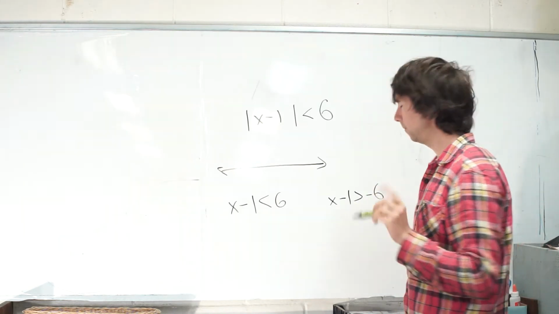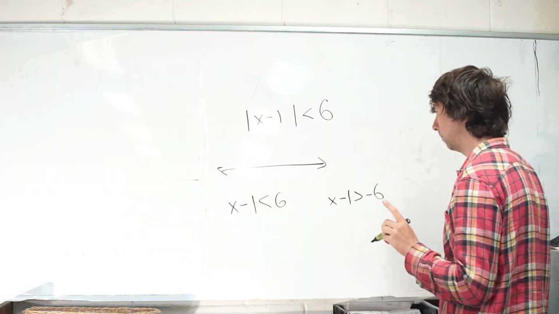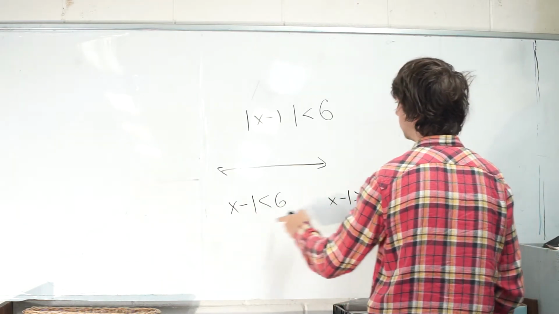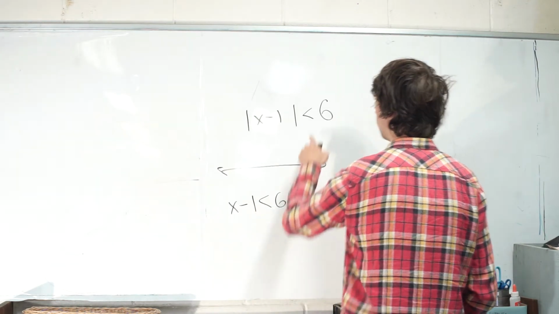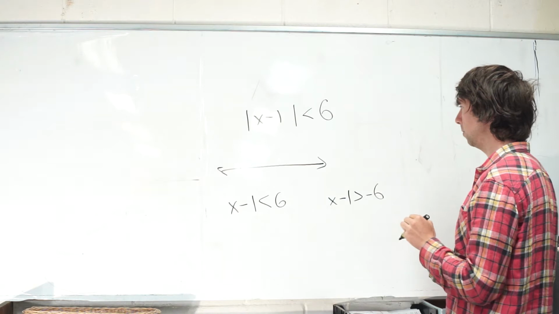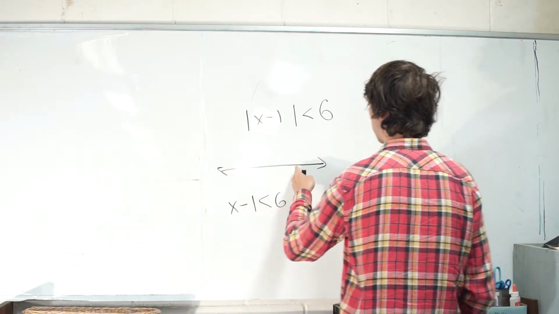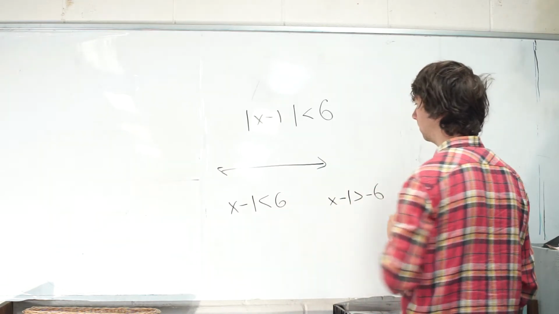Now I should mention, I got this in the previous one, the connection between these two statements changes depending on whether it's less than or greater than. And that, I think, should make some sense, right? Because in the other one, it could have been less than the small part or greater than the larger part.